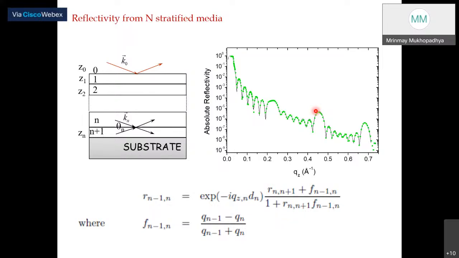So these are three major pieces of information that you can extract from a reflectivity measurement.